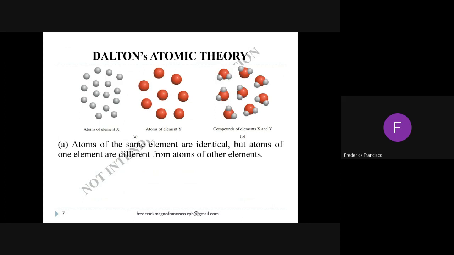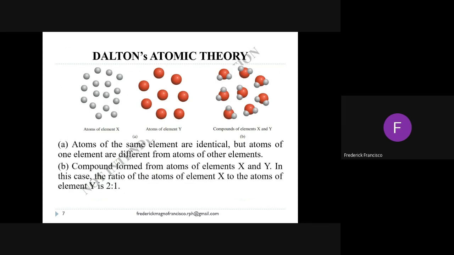According to Dalton's atomic theory, atoms of the same element are identical, but atoms of one element are different from atoms of other elements. Compound formed from atoms of elements X and Y. In this case, the ratio of the atoms of element X to the atoms of element Y is 2 to 1.